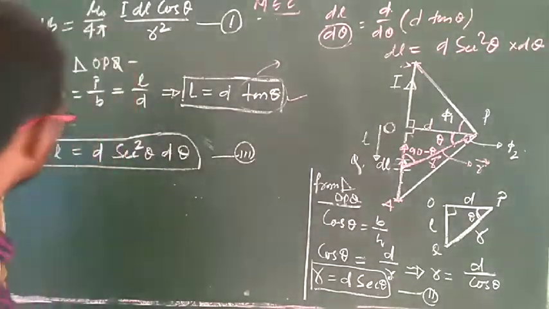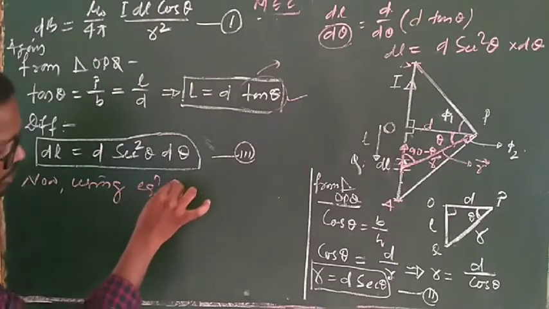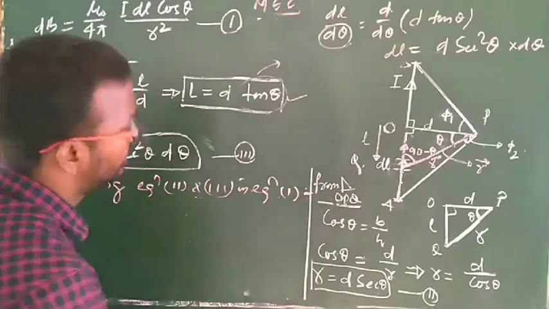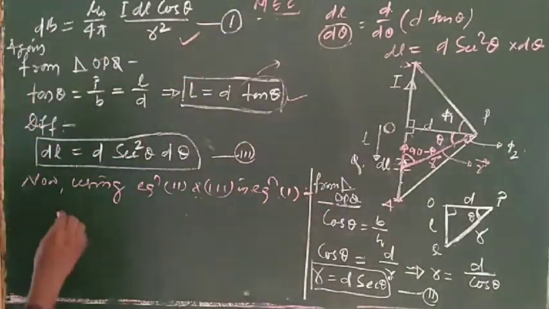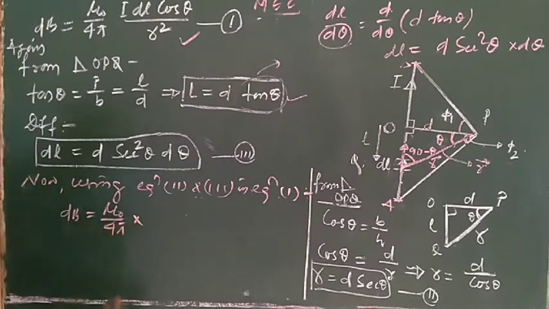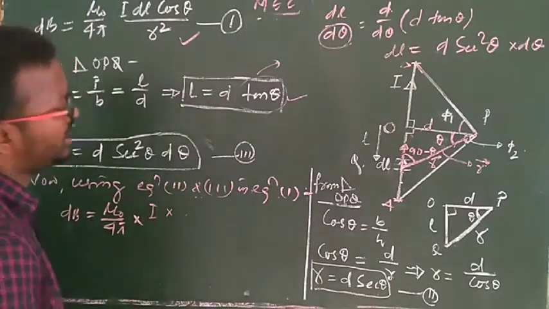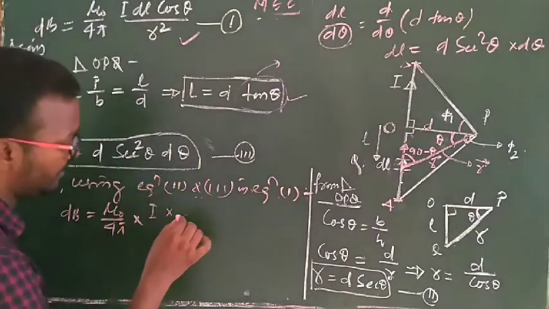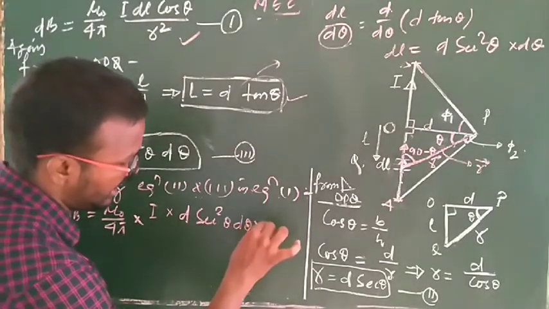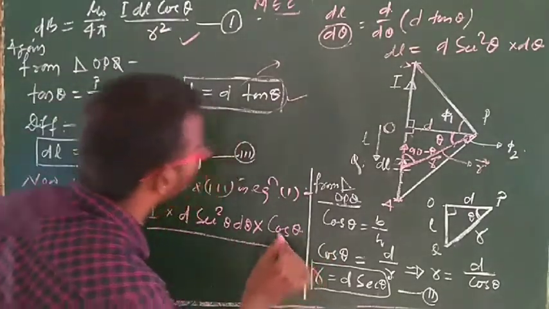Now using equation 2 and equation 3 in equation 1, the relation turns out to be dB equals mu naught by 4 pi into I dl, where dl is d sec square theta d theta, into cos theta, divided by r square.